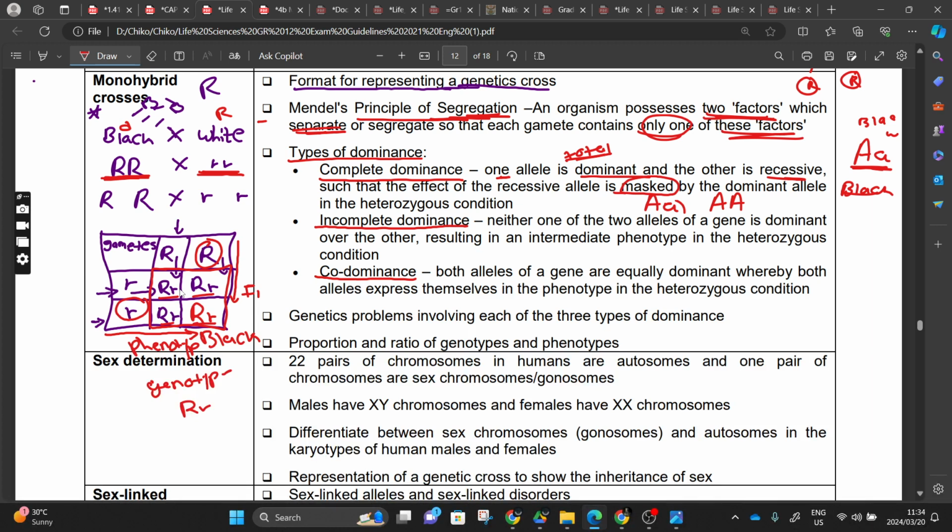You are black, but you have a gene for another color. Some people are born brown or yellow bone, but we know in their genes they have the small a.